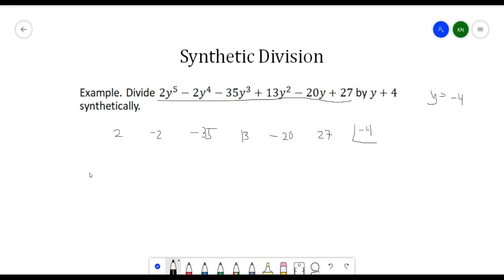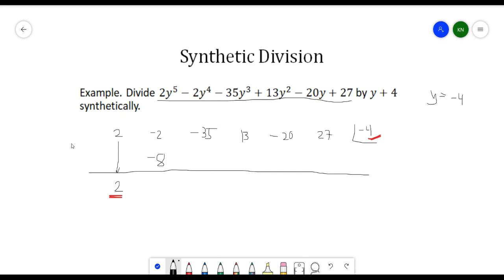Now afterwards, the process is you just have to bring down the first coefficient. So we have to bring down 2. Now after we bring down our 2, we need to multiply this one. We need to multiply 2 by our divisor, which is negative 4. Now, in this case, 2 multiplied by negative 4, as we all know, that is equivalent to negative 8, right?